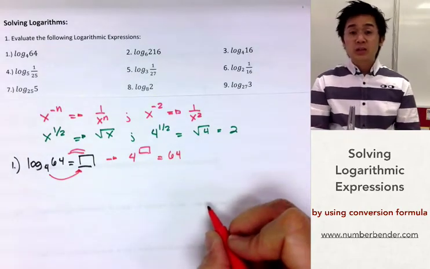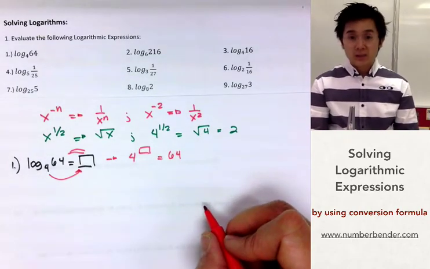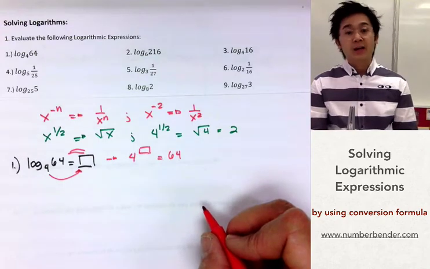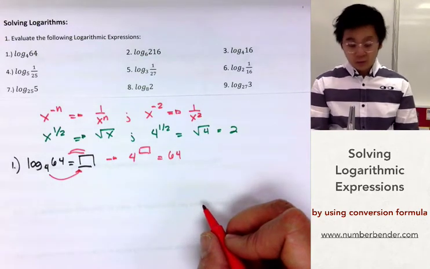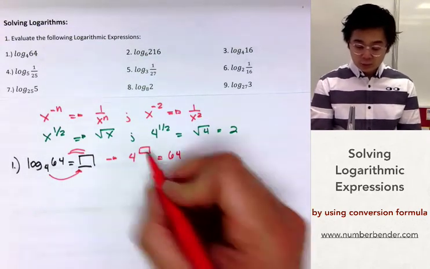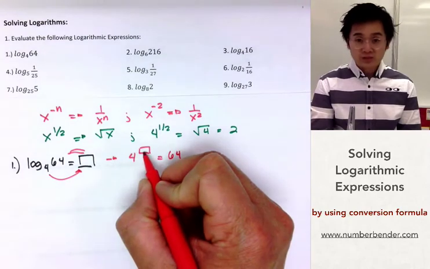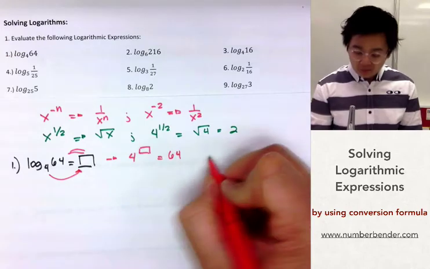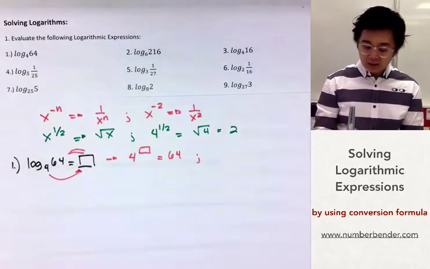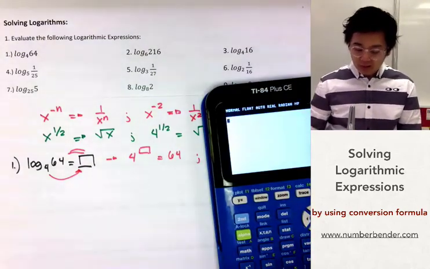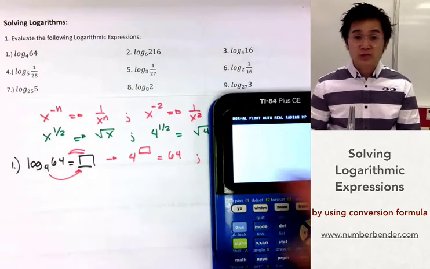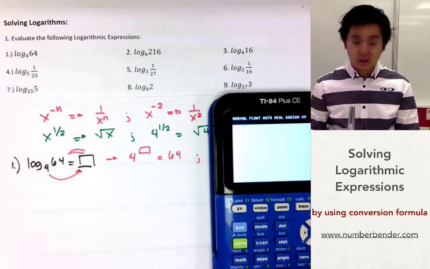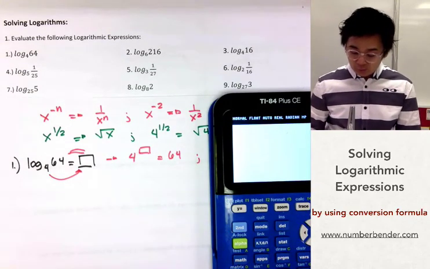So we just need to figure out a way using mental math and our skill in remembering the times table or multiplication table to find the exponent of 4 that will give us 64. Now, using the calculator, we can do a trial and error. I'm just using the calculator to show you the progression of the exponents. Let's say we are looking for 4 raised to 2.